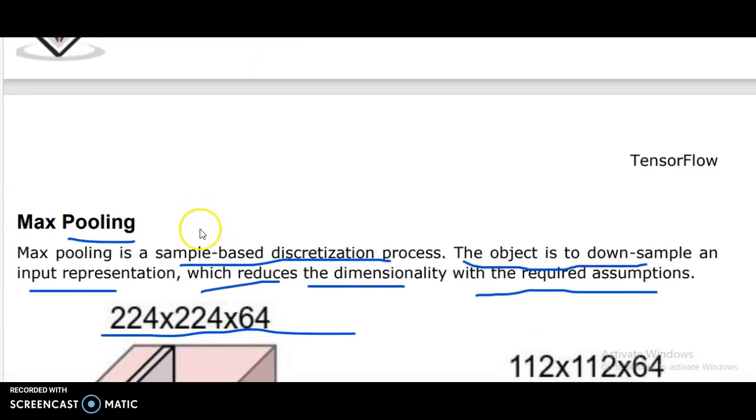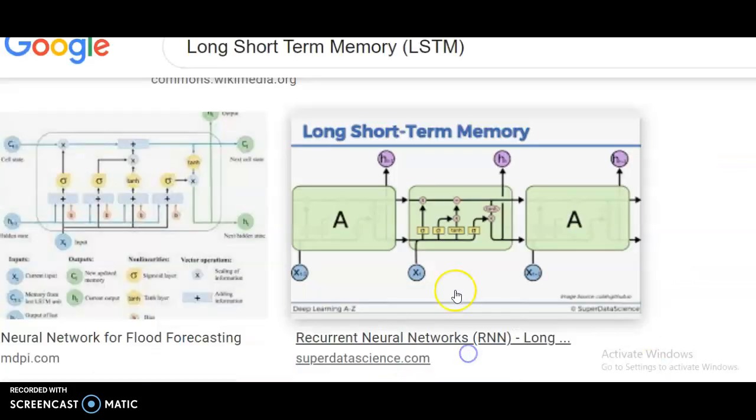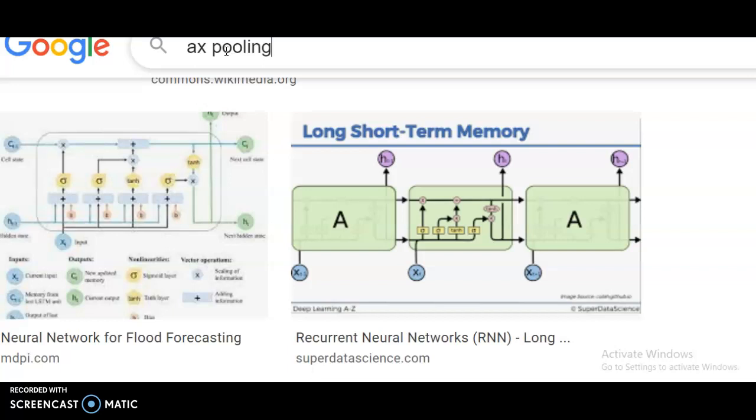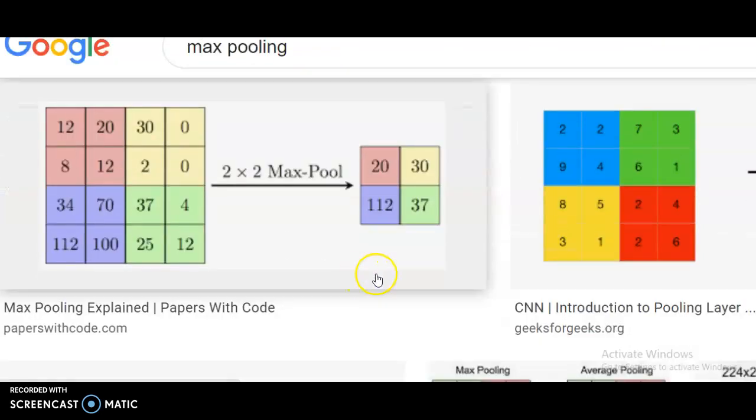So maximum pooling, max pooling. We'll see this one also in Google. Max pooling, max pooling.